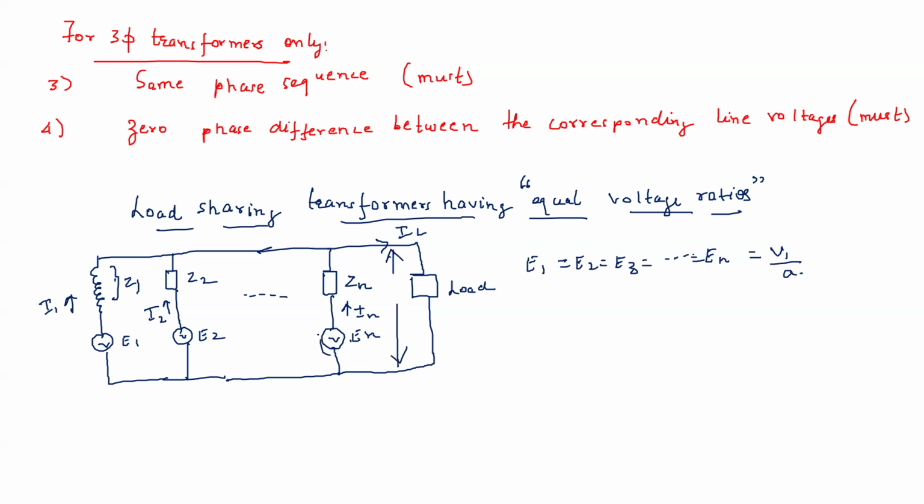This implies that I1 Z1 should be same as I2 Z2 should be same as In Zn. So this has to be equal to IL times the parallel combination of all these impedances.